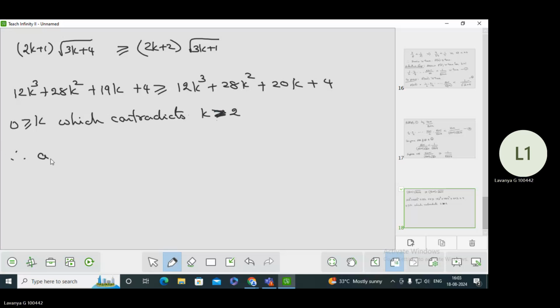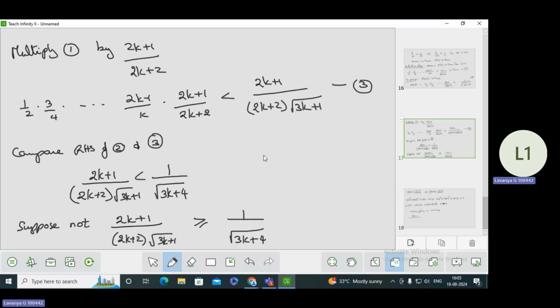Therefore, the assumption is wrong, which in other words tells me that this is correct.